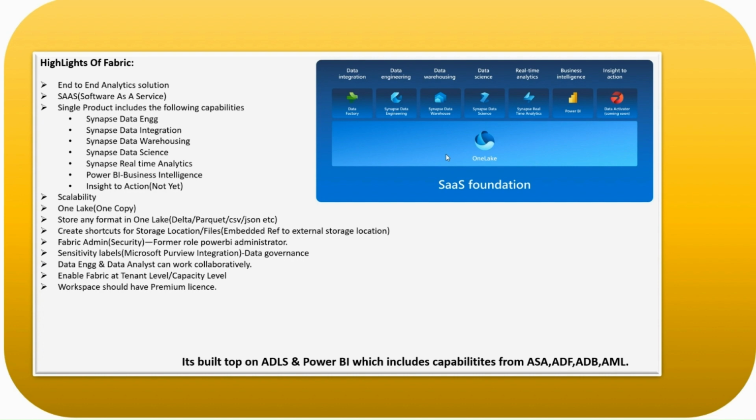Coming to another feature, Fabric has wonderful data governance. I hope we all know what Microsoft Purview is. Microsoft Purview is a data governance service where we can see our data lineage: what data my company has, where my data is traveling, and how my data travels from one service to another.